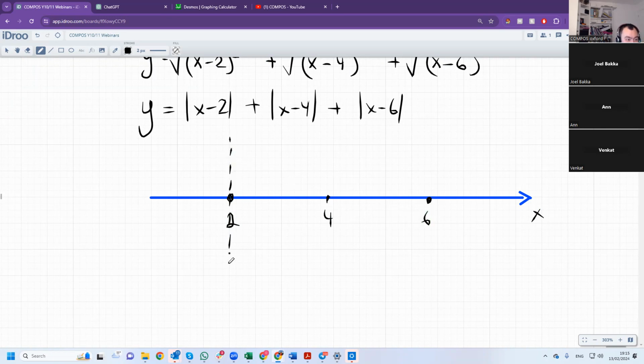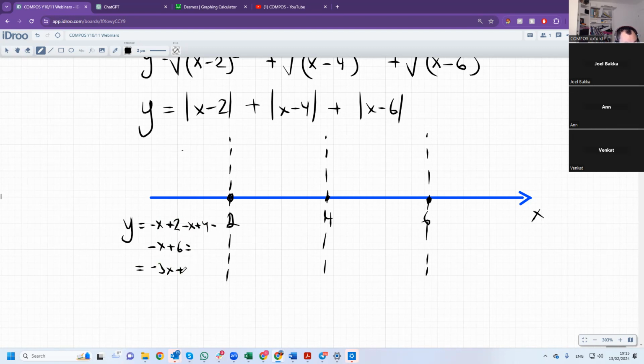The graph breaks 3 times. So here, they're all negative. So it's going to be minus x plus 2, minus x plus 4, and minus x plus 6, which is minus 3x plus 12. So y is minus 3x plus 12.